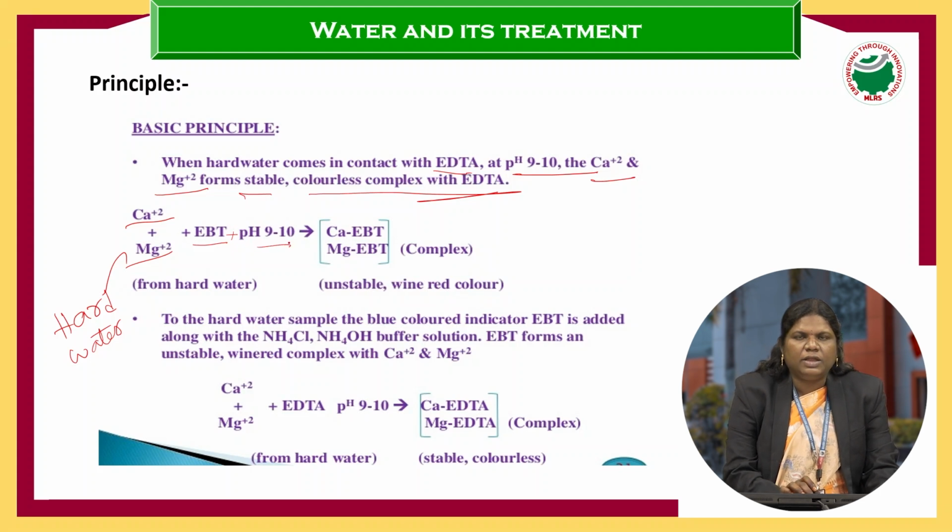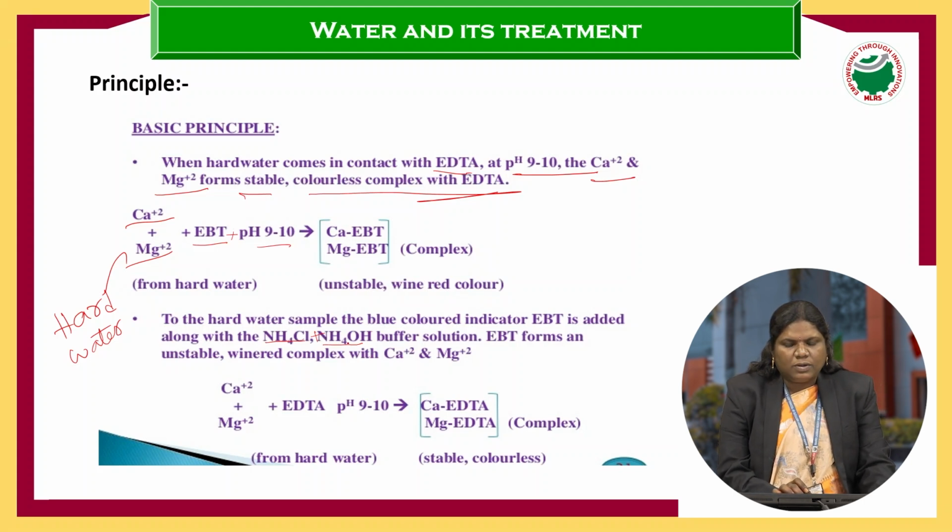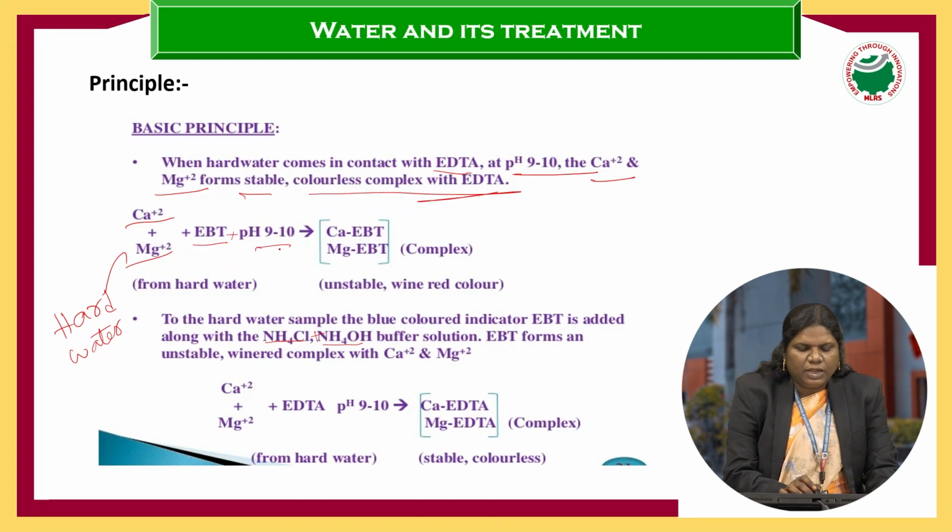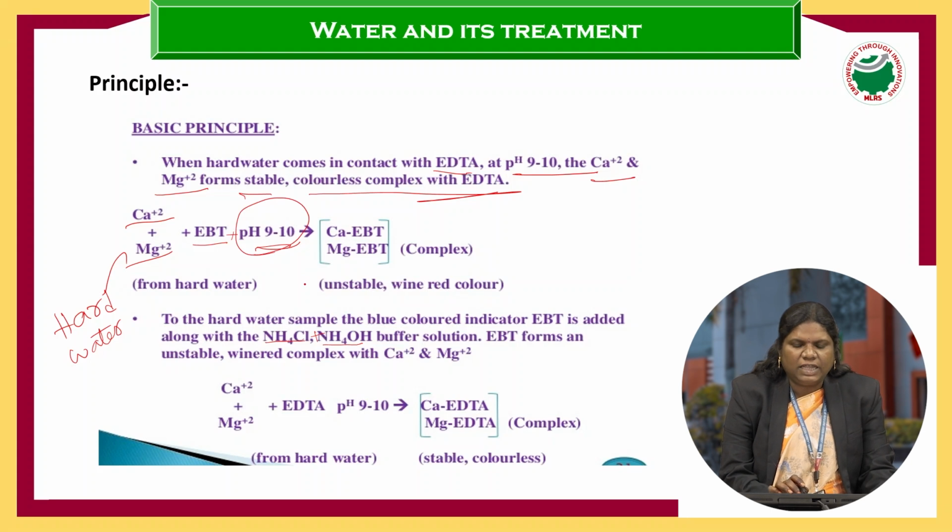To maintain 9 to 10 pH, we add ammonium chloride along with ammonium hydroxide. This is the buffer solution composition, ammonium chloride and ammonium hydroxide. This will maintain the 9 to 10 pH. At these pH conditions only the complex formation will take place. That's why we have to use the basic buffer.